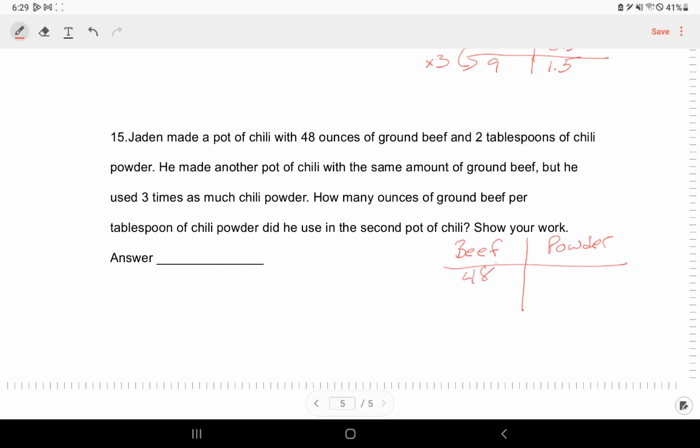So it was 48 and 2, but since it's 3 times as much, we do times 3 and get 6. Now, since it's per tablespoon of powder, we want to get this to be 1. So that means we divide by 6. So that's 8.